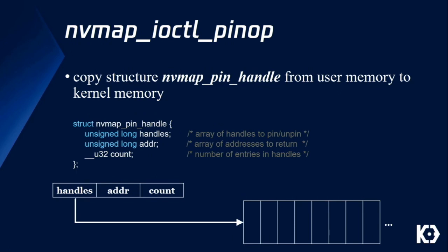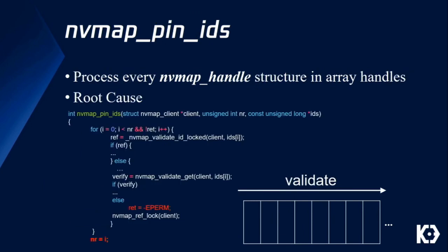In this structure, the pointer handles points to an array of pointers to nvmap_handle structures. And in the deeper function, nvmap_pin_ids will invalidate every nvmap_handle structure in this array from start to end in a for loop.